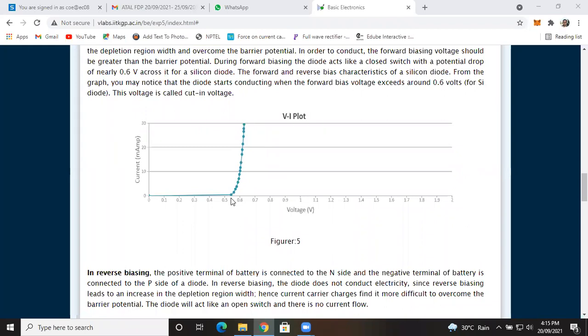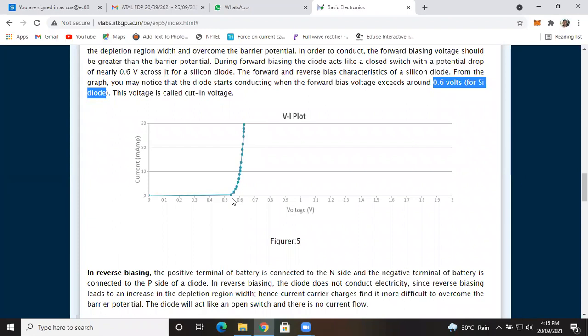You can read it here, 0.6 volt for a silicon diode. From this 0.6 you will observe that a sharp current will flow. For a very small increase in forward bias voltage, the current can easily flow through the diode. This is the basic property of the forward bias diode.